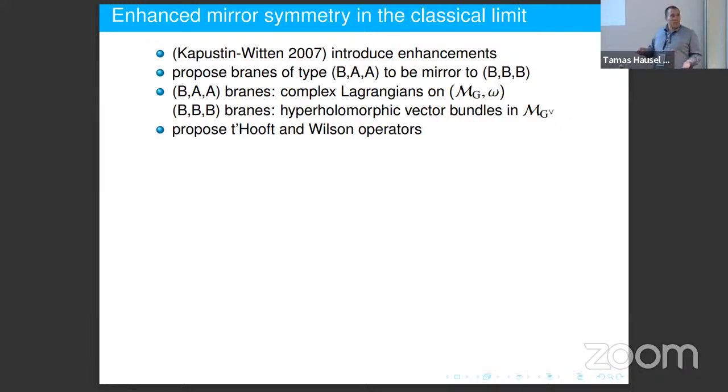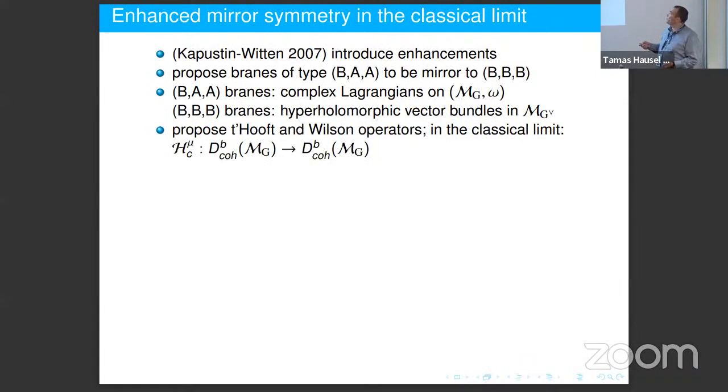And the second is extra symmetries that they propose. So we have 't Hooft and Wilson operators, which act as extra symmetry operators. For us mathematicians, the 't Hooft operators will be certain Hecke operators acting on the derived category of coherent sheaves.